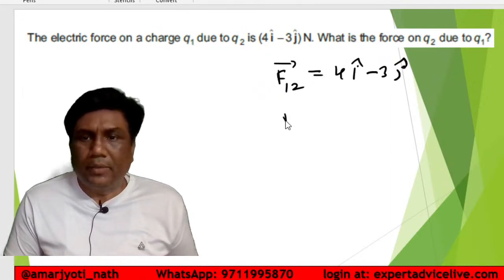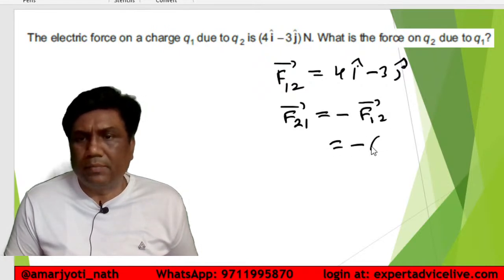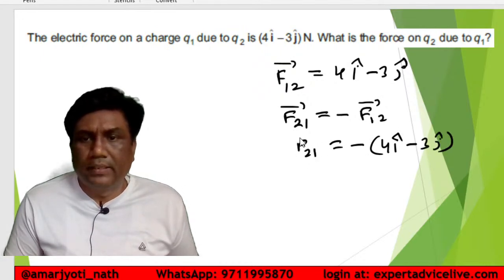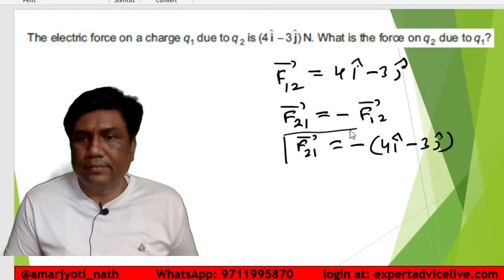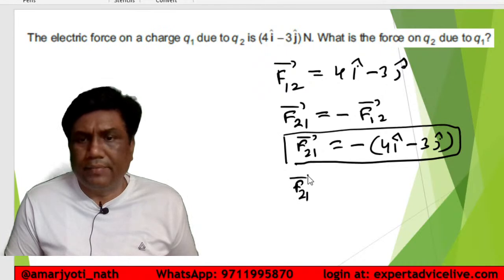But we want F21, force on 2 by 1. We know that this is equal to negative of F12 only. So it means the answer is just minus 4i cap plus 3j cap. Simple, this is the answer. You can break it down also if you want, no problem. That is a different issue, but the answer is simply this one.